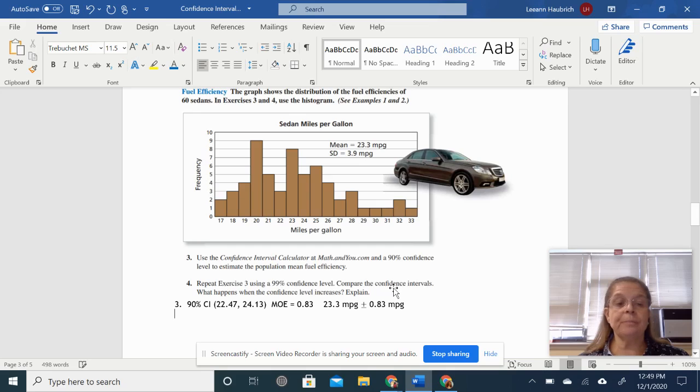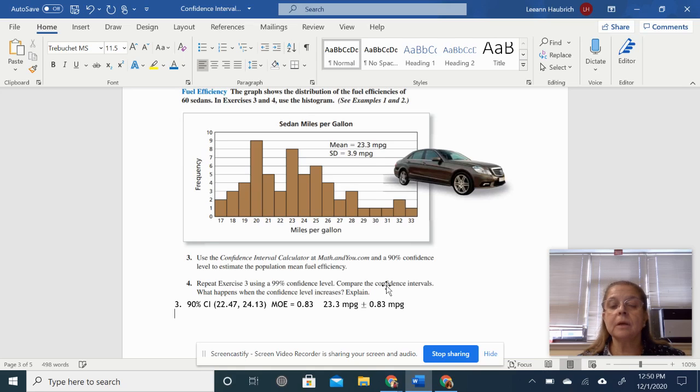And then the second question says, well, let's keep all the parameters the same, except let's go for a 99% confidence interval. So what we're doing is we're stretching that 90 all the way out to 99. So with a 90% confidence interval, 90% of the samples will capture the true population mean.